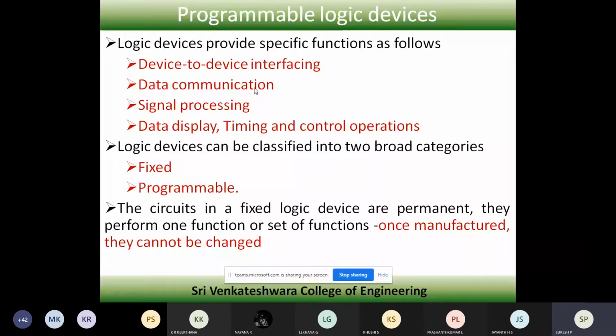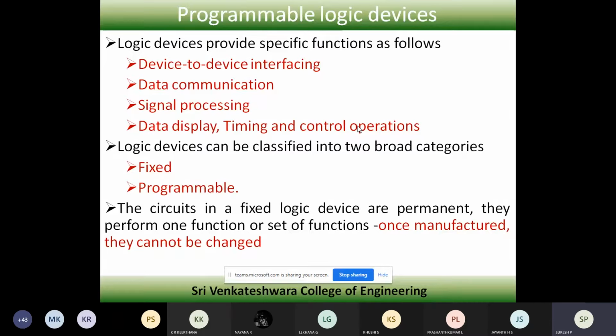Your logic devices provide this functionality and are used in these fields. There you learned how to build the programmable logic device. Here you are going to learn how it will be used in specific applications.